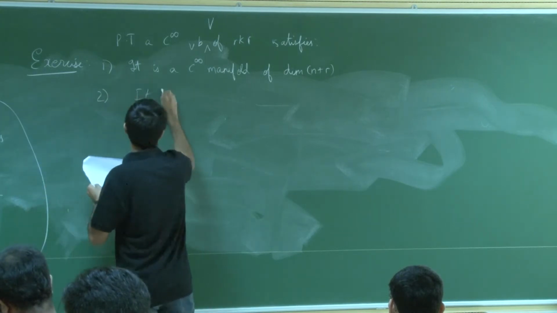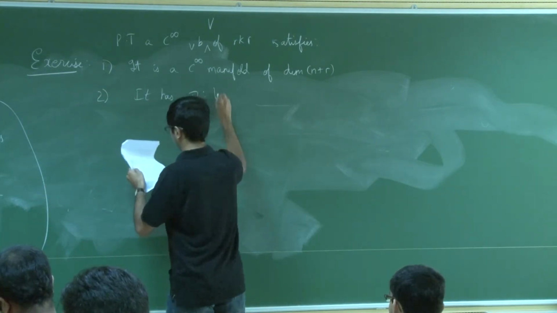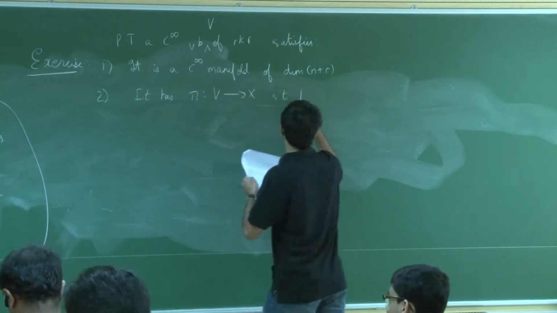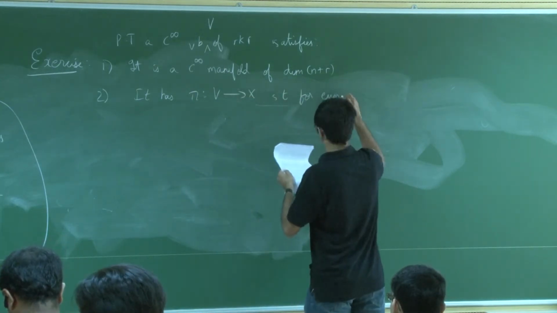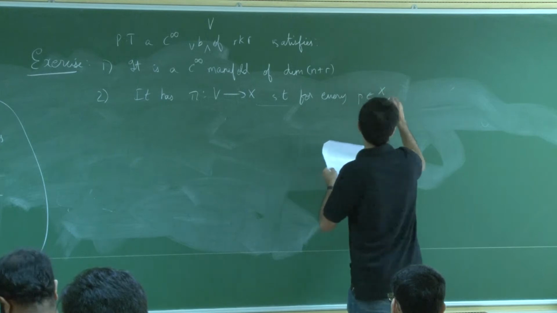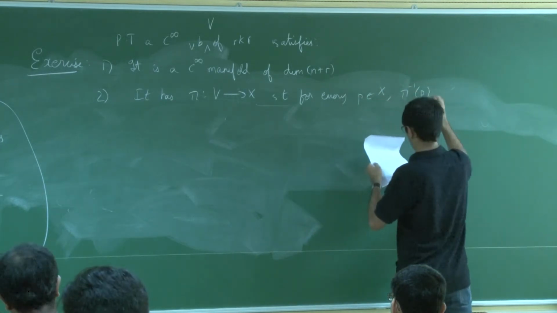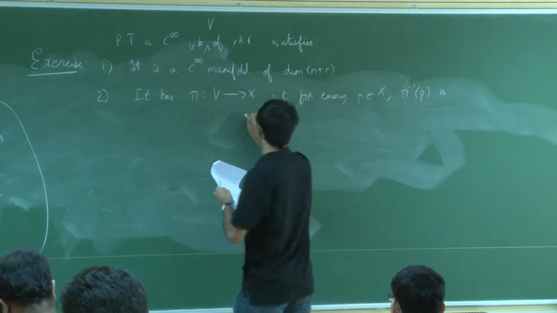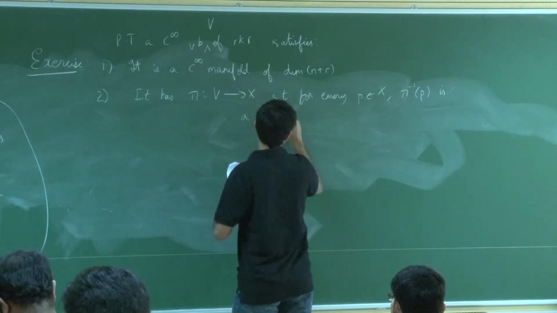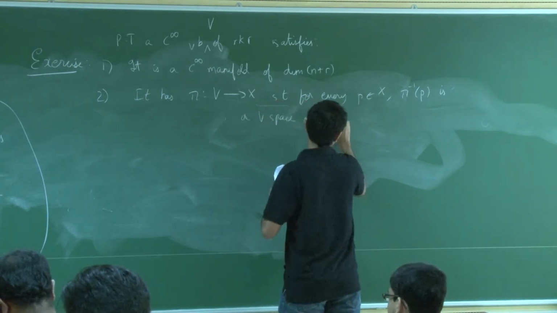It has a projection map pi such that for every p in X, pi inverse of p is a vector space of dimension r.